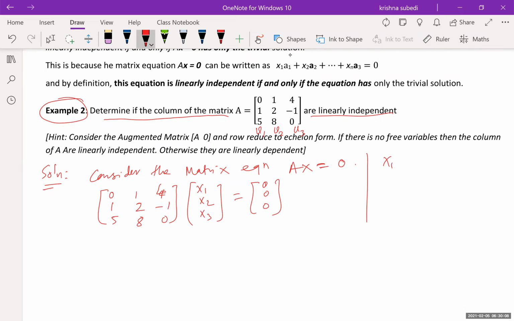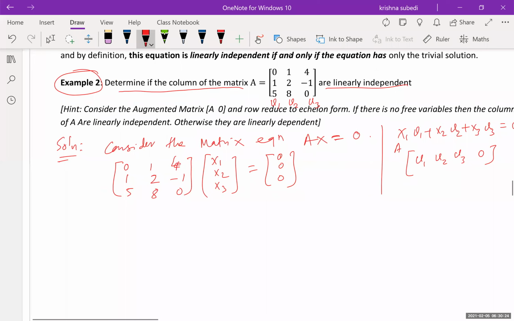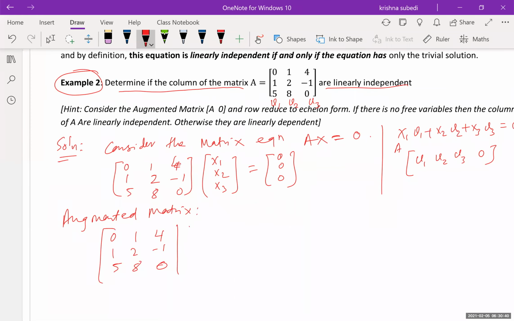You can consider the vector equation also if you like. You can write this as x1 v1 plus x2 v2 plus x3 v3 equal to 0, and then consider the augmented matrix, which is v1, v2, v3, and 0. You can consider it that way. Or from here, the augmented matrix is 0, 1, 4, 1, 2, negative 1, 5, 8, 0, and then 0, 0, 0.